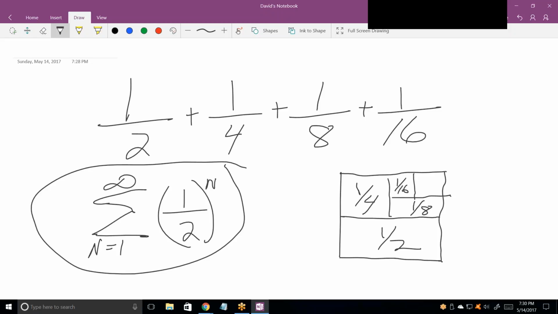Even if I go all the way out to infinity, I'm just going to come up with 1 square. In other words, if I add every single term, I'm going to get 1. So that sequence adds to 1. It's convergent. Convergent means that it converges to a number.